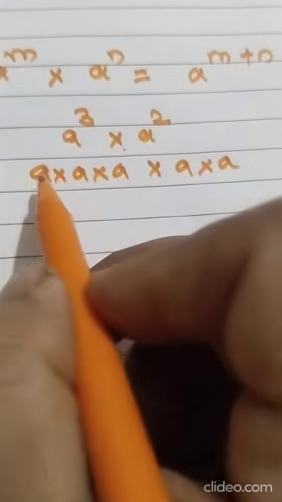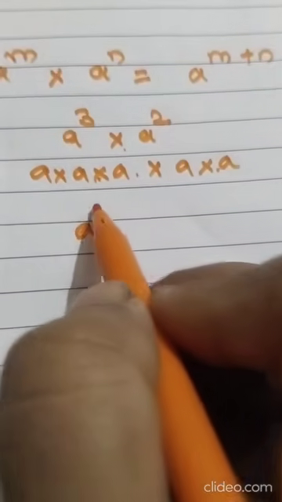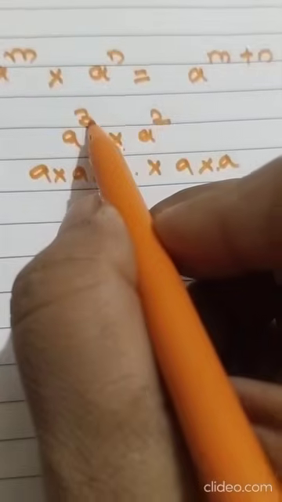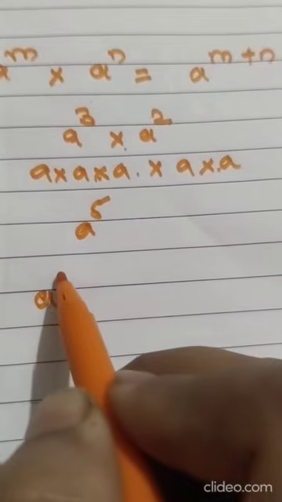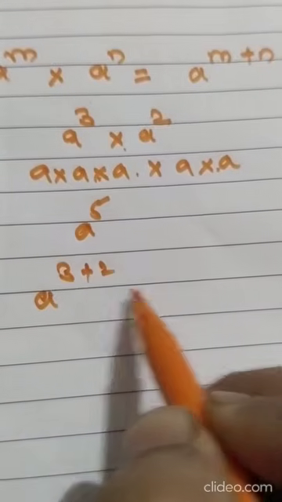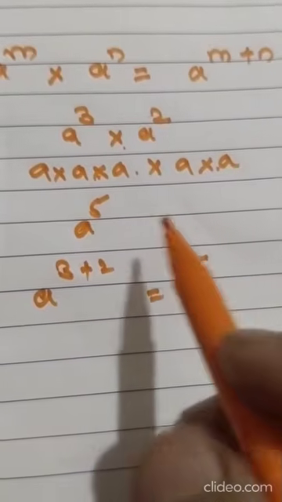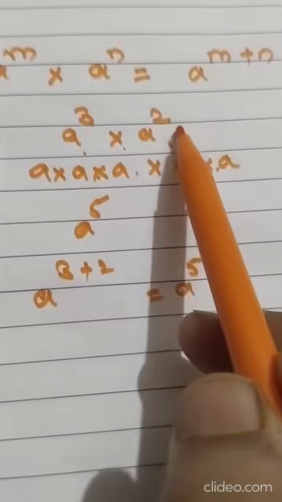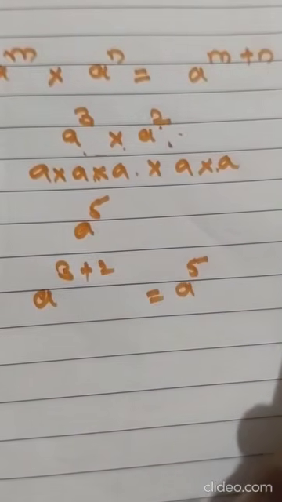This simply means a is multiplied by itself 1, 2, 3, 4 and 5 times. So this is the same as a raised to 5, which in terms of 3 and 2 we can write as a raised to 3 plus 2, which is a raised to 5. So when bases are the same, powers get added if exponents are in multiplication.